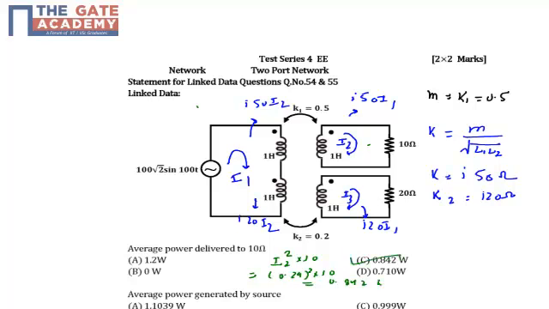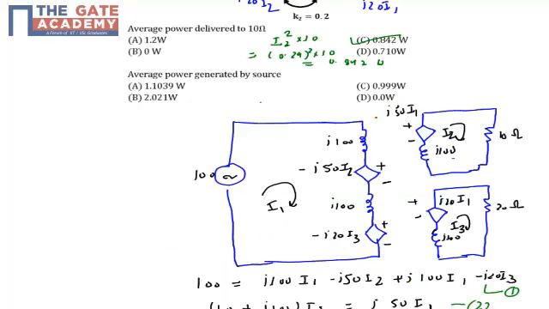In the third problem, we need to calculate the power generated by the source. The power generated by the source will be the source voltage 100 into the source current, and the source current is I1.